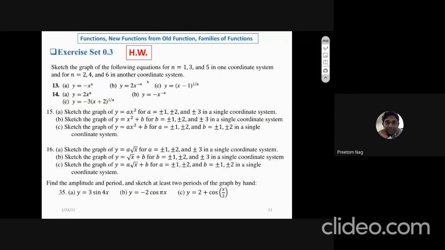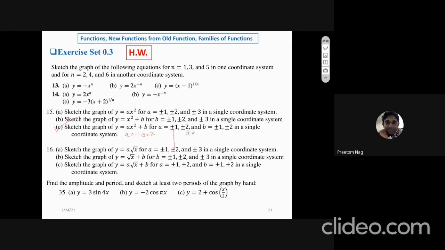So let me now ask you to draw some more graphs by yourself. So we have lots of graphs in here. I mean, there are various values of A and B. So different combinations of A and B যদি তুমি consider করো, you will have different graphs in a single coordinate system. So for example, I am asking you to draw this graph. A equals -1, B equals 2.